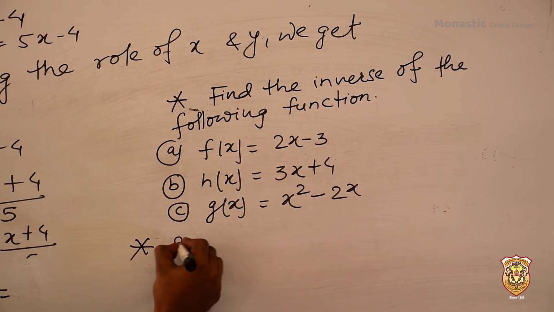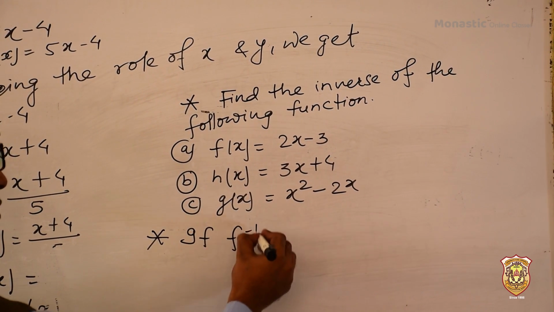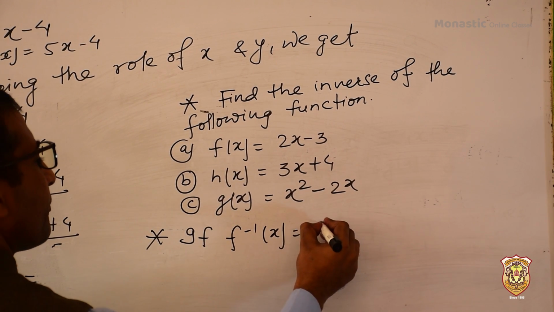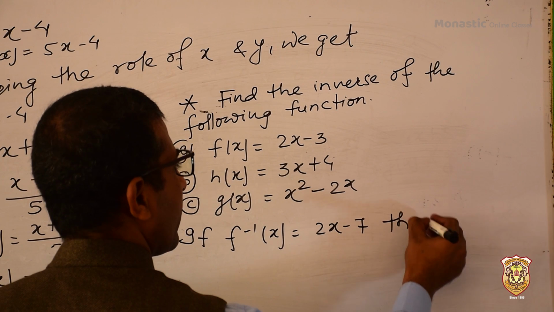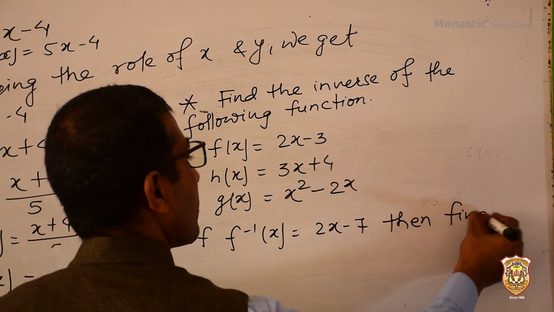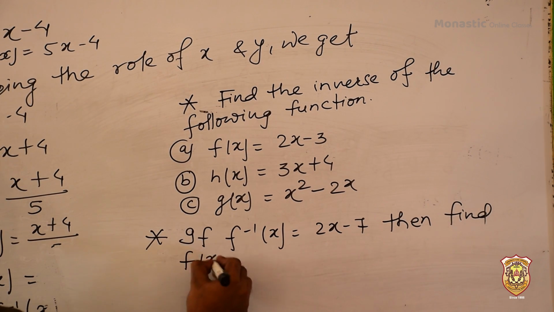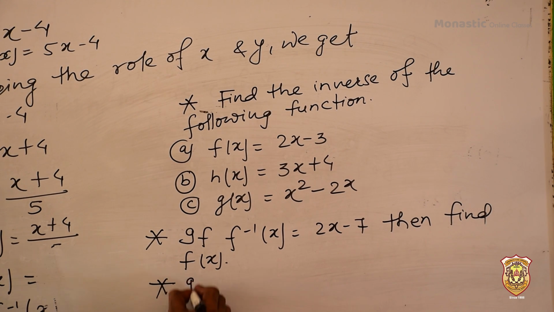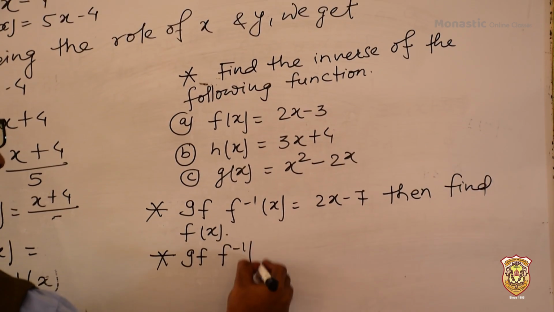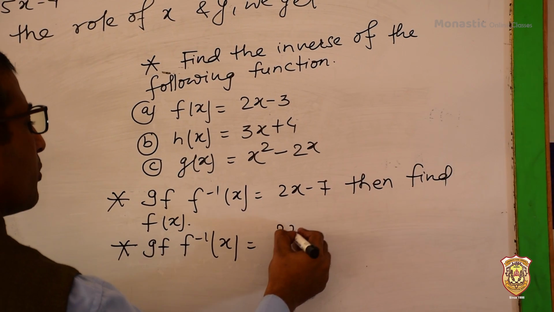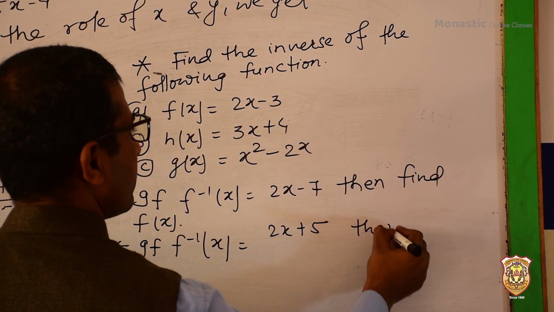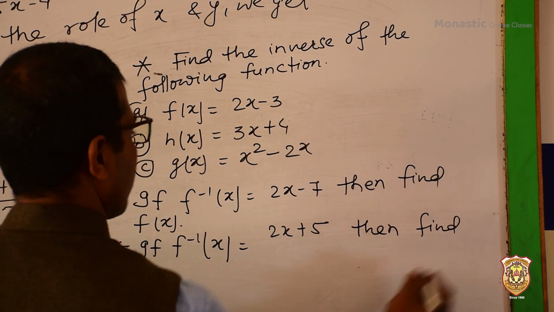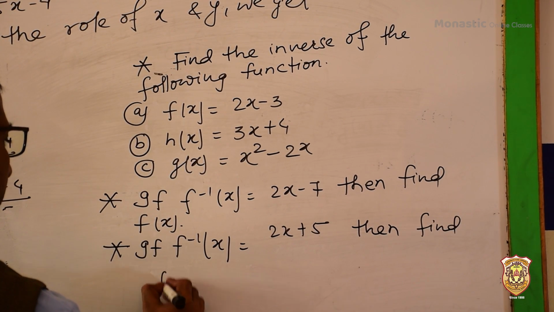Then, if f inverse of x is 2x minus 7, then find f of x. If f inverse of x is 2x plus 5, then find f.